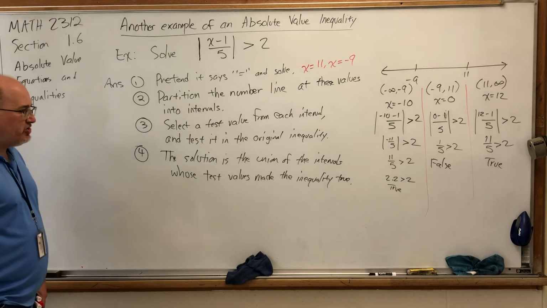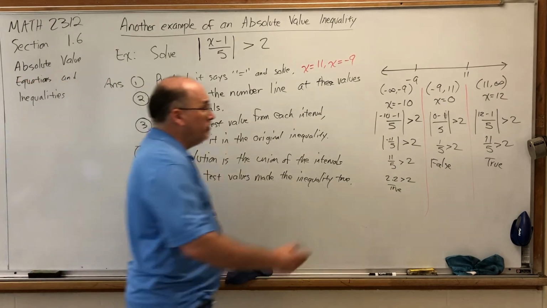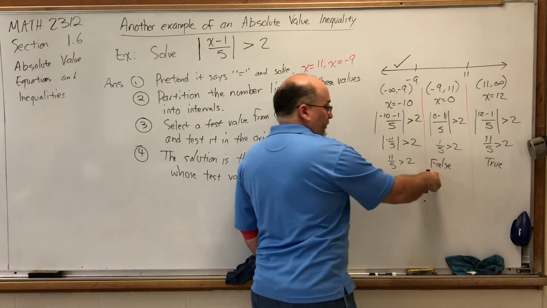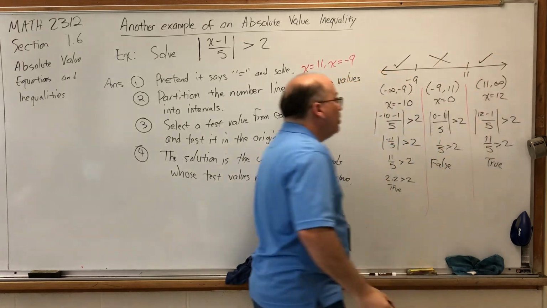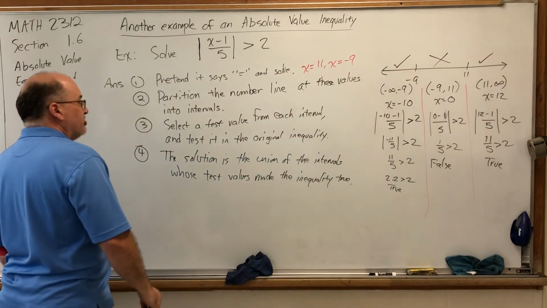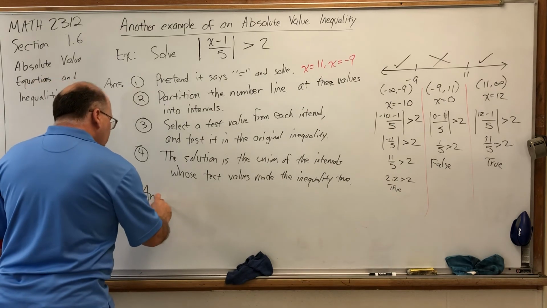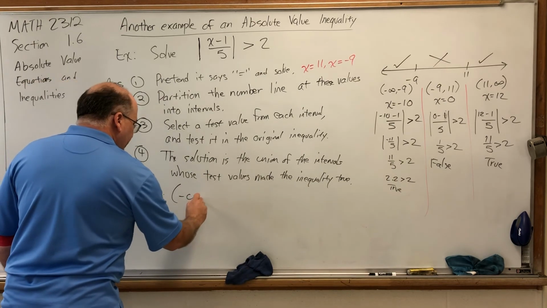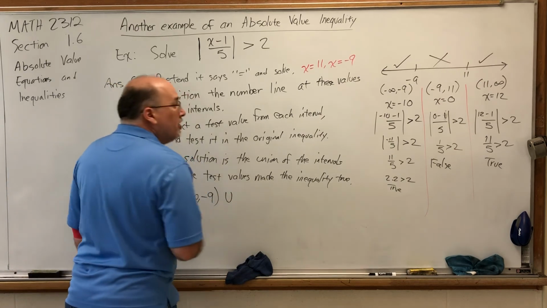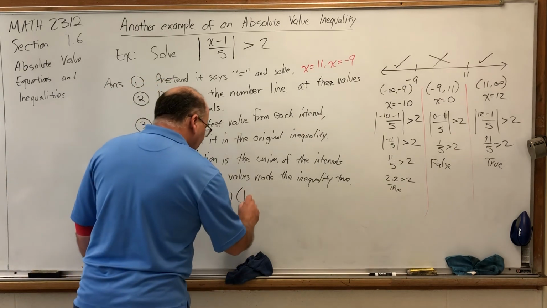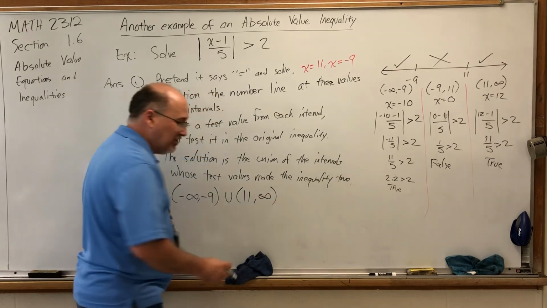In this case, the first interval was good. The middle interval was not. The third interval was good. And so our solution to this inequality is going to be the first interval, which was negative infinity comma negative 9, union the third interval, which was 11 comma infinity.